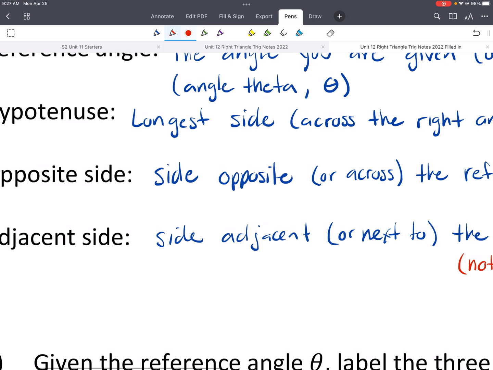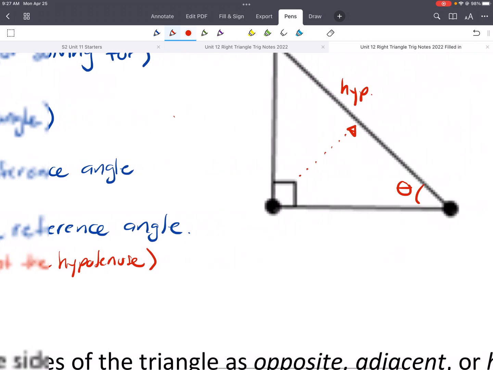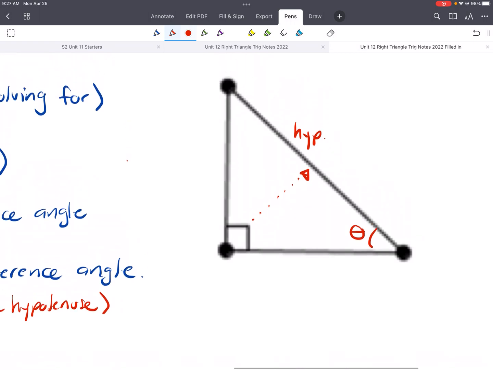Next we have the opposite side. The opposite side is the side that's opposite or across from that reference angle. So here's our reference angle. If we go across or opposite of it, that is our opposite side. And then the last thing is the adjacent side.